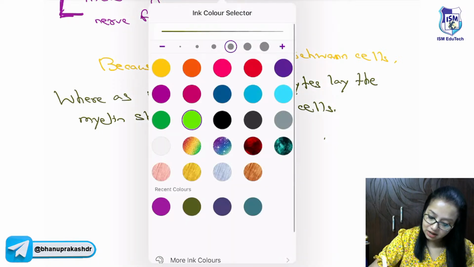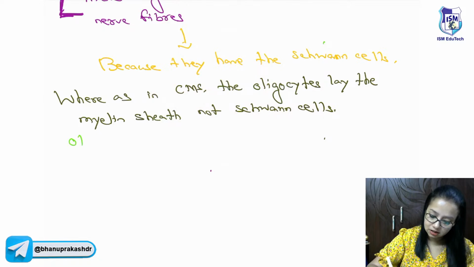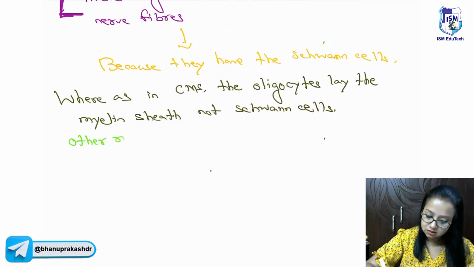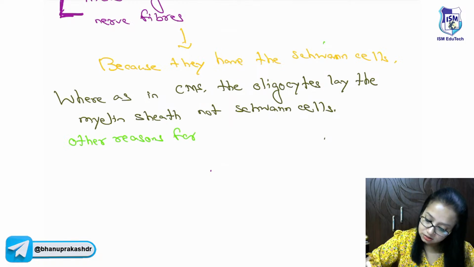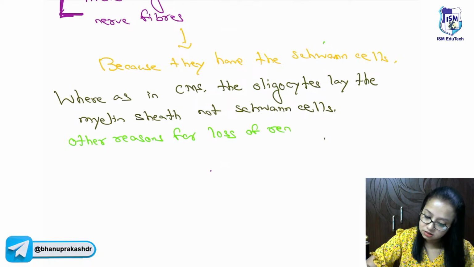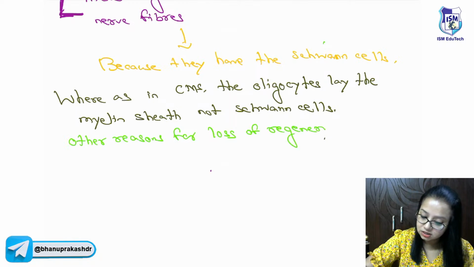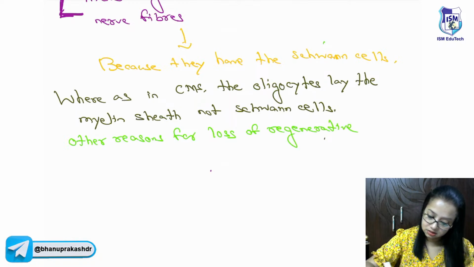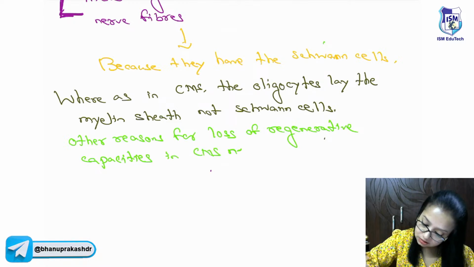Apart from that, what are the other reasons for loss of regenerative capacities in CNS neurons?